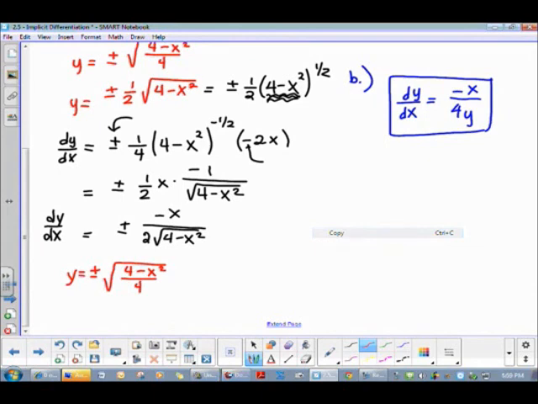So if we were to find a way to make this 2 radical 4 minus x squared contain this y value, I guess there's a lot of things that we could do, but I think the easiest thing would be to do this.